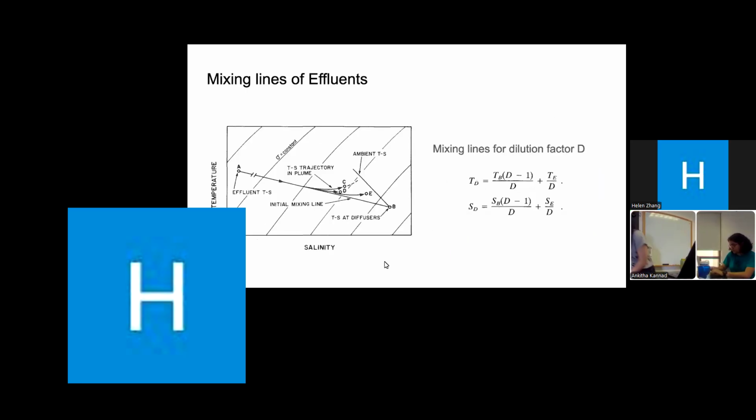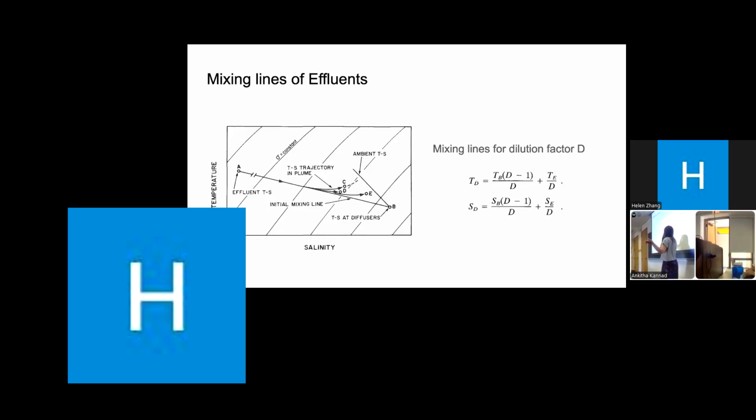All right. So now back to effluents. This is a schematic of a TS diagram. Now we are very, very zoomed out. Notice that there are no numbers associated with either temperature or salinity. So if A now is the effluent, it's usually really fresh. It's usually a little bit warmer, but you will see that that temperature changes over time. So I have to play around with a bunch of these.